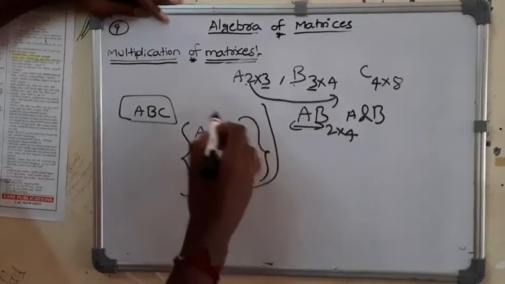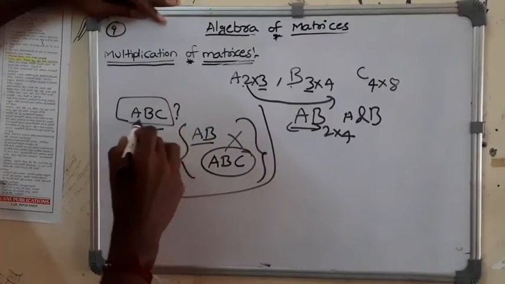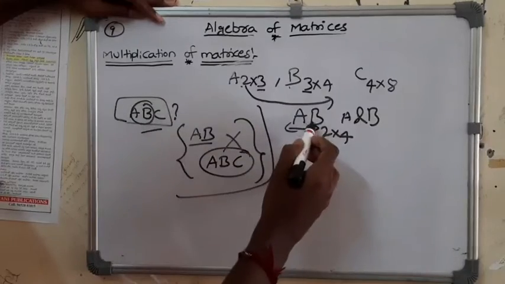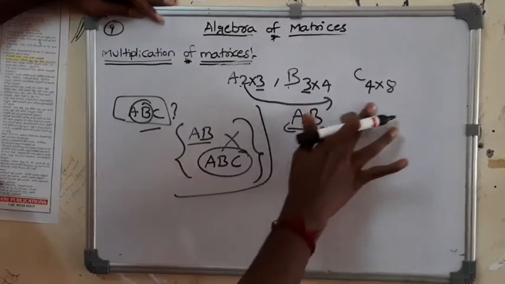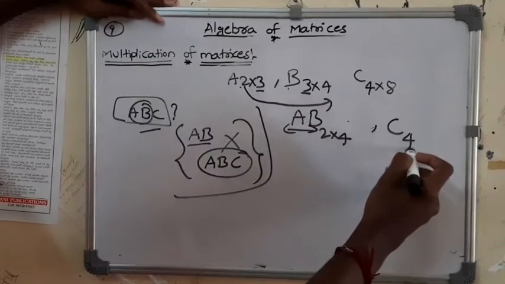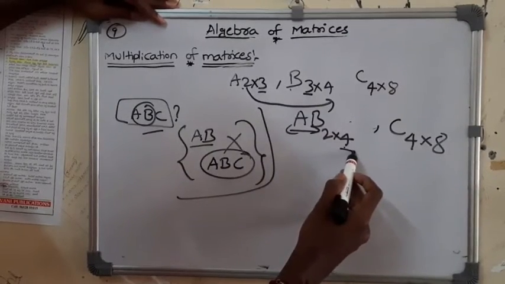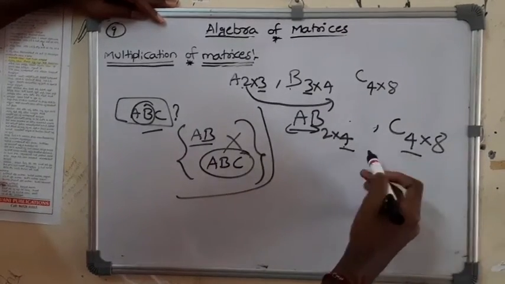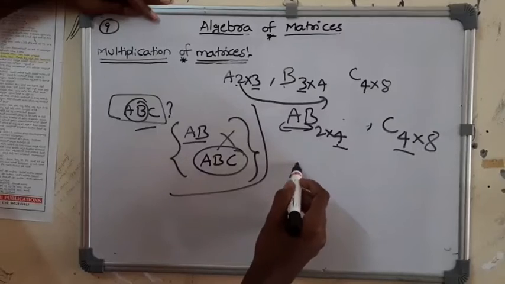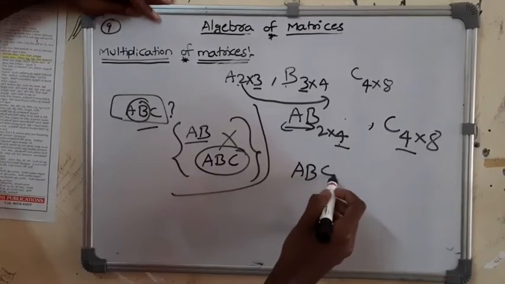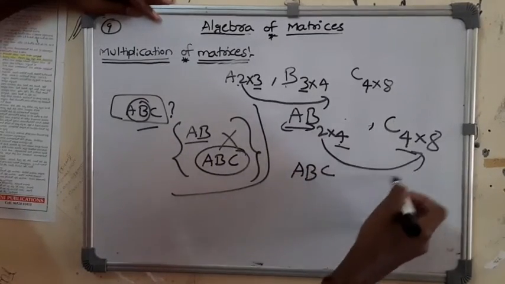Now what we have to calculate is the order of ABC. We already calculated AB, which is of order 2 by 4. Now C is of order 4 by 8. Here observe, the number of columns in the AB matrix and the number of rows in C are the same. So we can expect the order of ABC to be 2 by 8.